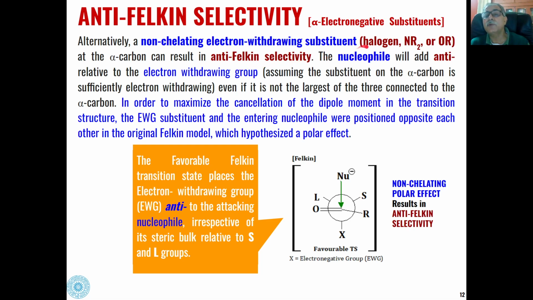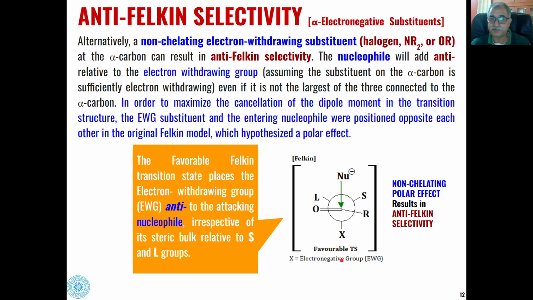So to have the minimum repulsive interaction between the nucleophile and the electron withdrawing group, they should be anti to each other. That is why the transition state here will be a different transition state, which we call the Felkin-Anh polar transition state.